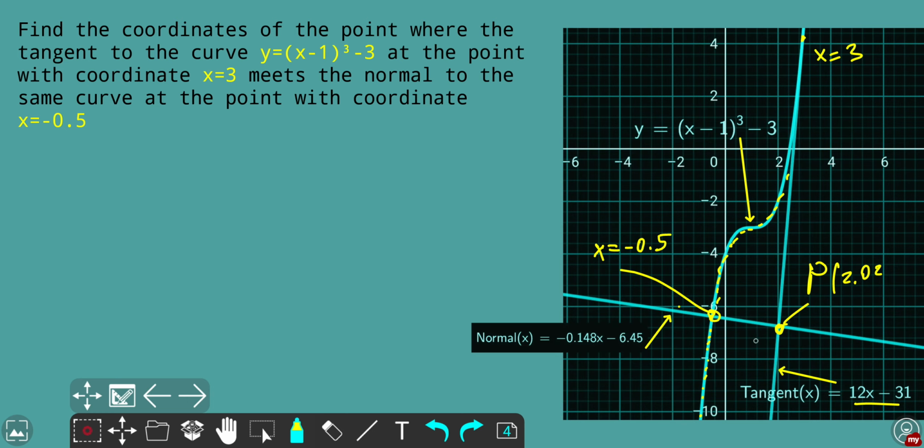So maybe not really precisely, but trust me, algebraically we did it correctly. So the coordinates of that point P are 2.02 and negative 6.75.